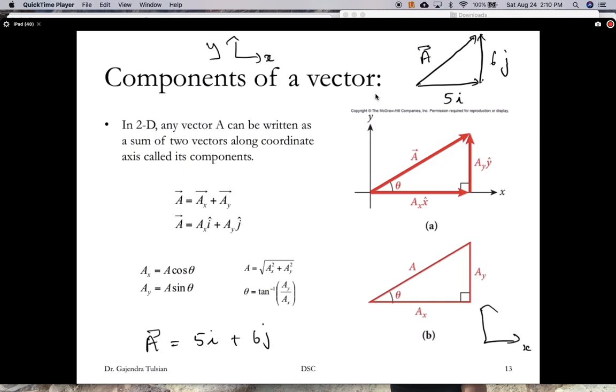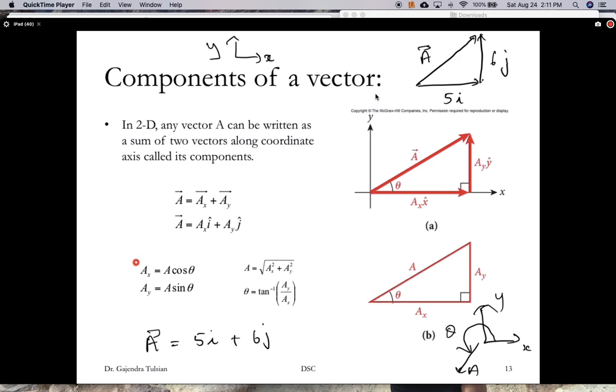So there's the x-axis, y-axis, and if the vector were like this, this would be theta. You're always measuring it counterclockwise from the x-axis. So the x component of A is A cosine theta, the y component is A sine theta. And so this is getting the components from magnitude and direction.